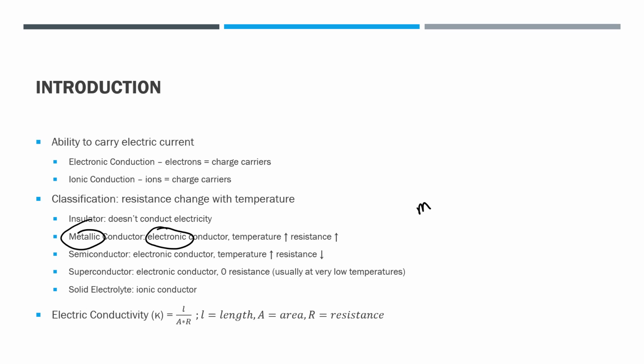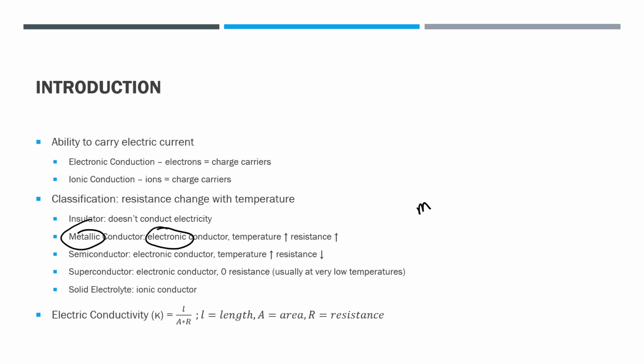With metallic conductors, when we raise the temperature, resistance goes up. This is because if I raise the temperature in a certain metal, the nuclei of the metal vibrate more and more.